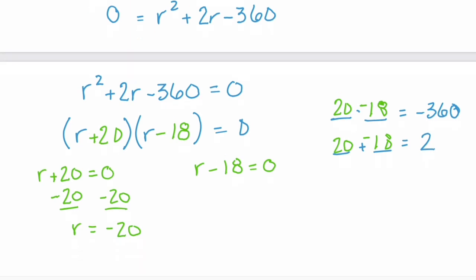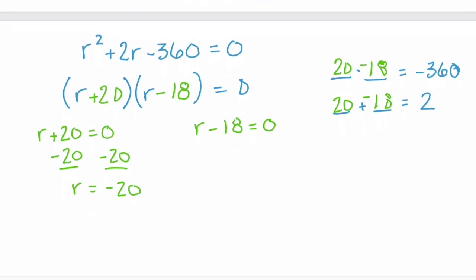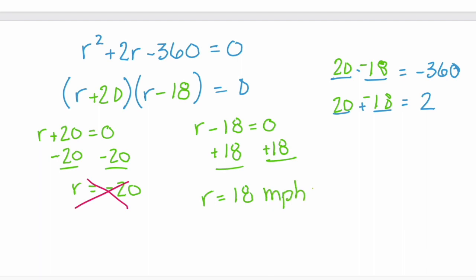Remember that r is a rate or a speed, and our speed can't be negative, so we can throw this one out right away. It's not possible to go negative 20 miles per hour. And the last one, we add 18 to both sides, and we get r equals 18 miles per hour.